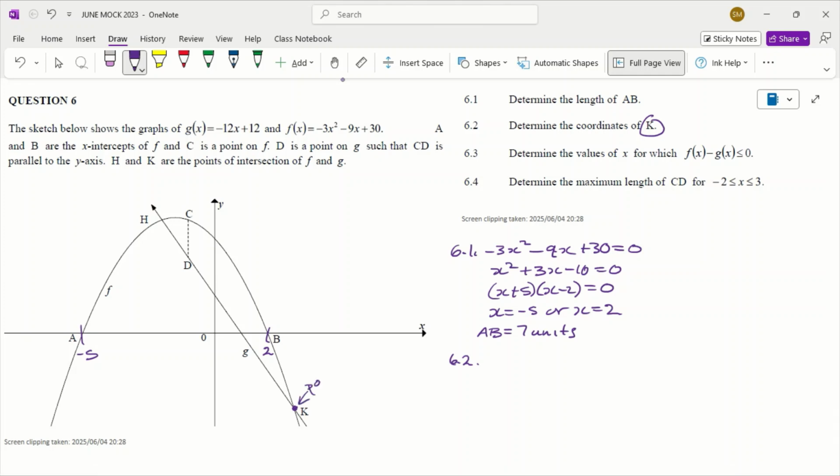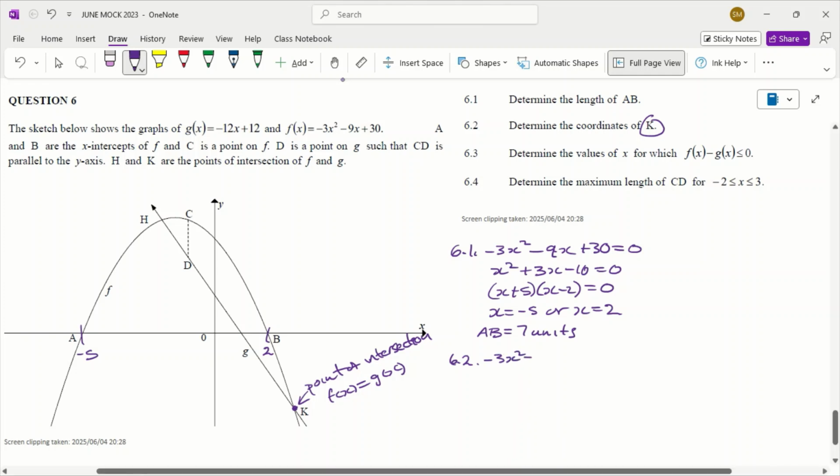Now what we can do is simplify and then solve for x, so that we can get our x values. Here I have negative 3x squared. Then if I take this negative 12x to the other side, it's going to become positive. So I'll have negative 9 plus 12x, which will give me positive 3x.